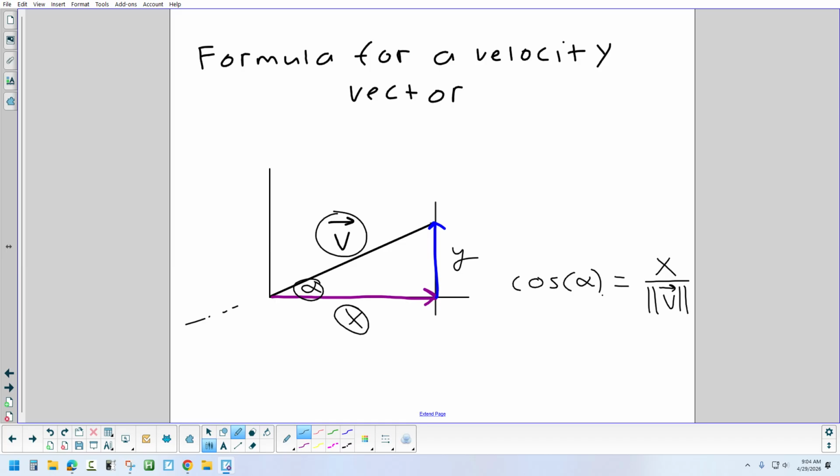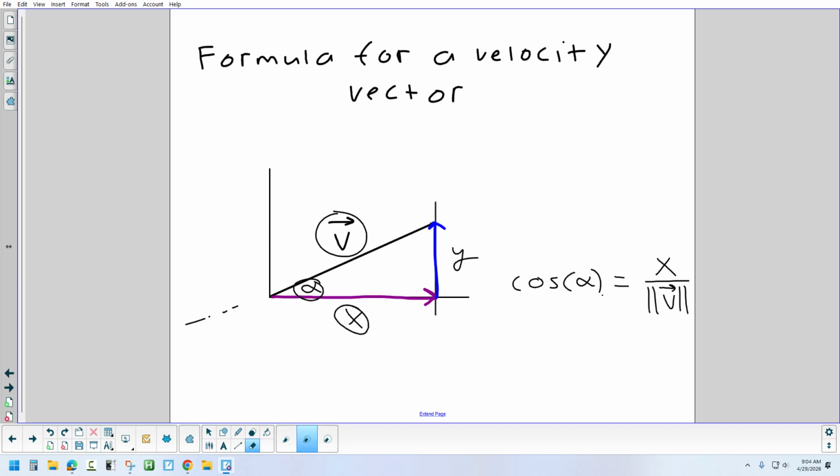We want adjacent over magnitude of v. If you put adjacent over v, you'd literally be doing this. V is a picture. You don't want to put a picture in your denominator. You want the length of your picture, which is the length of the black arrow. Any question on why I put those bars there? We're not putting pictures in a fraction.